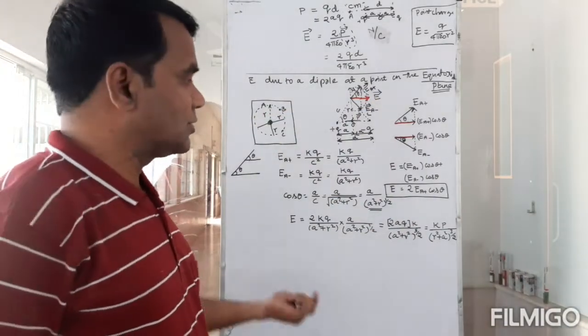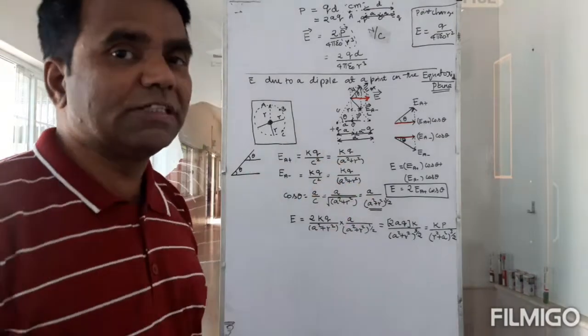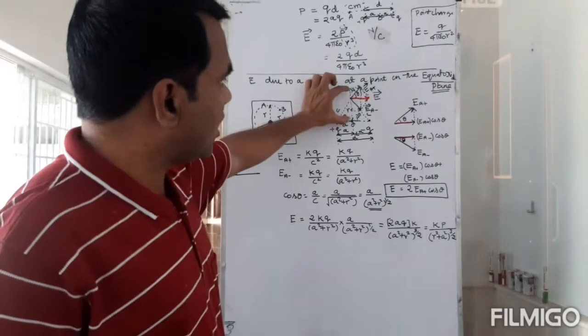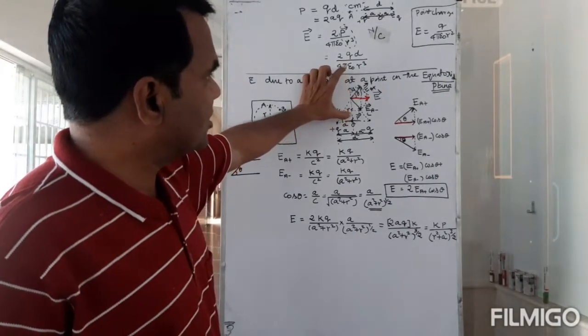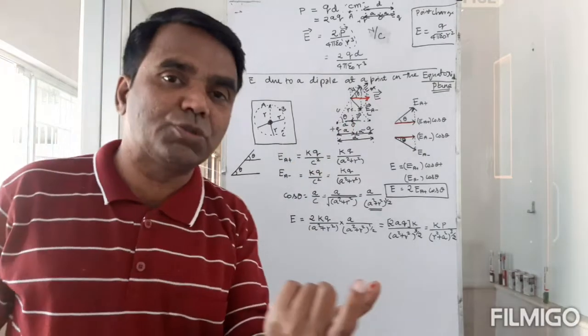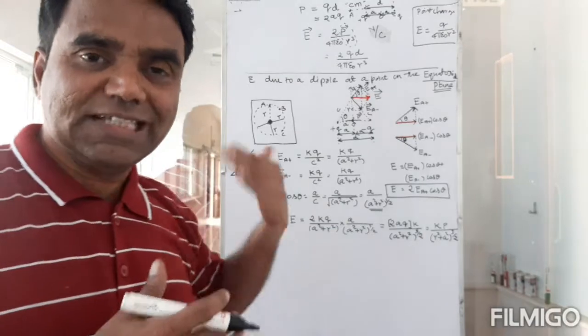Okay, so before I finally put these two things together, let me make one more adjustment. What is the adjustment? Suppose this R, this distance, is much greater than the distance of separation between the charges. Then what happens? Whatever we did yesterday.